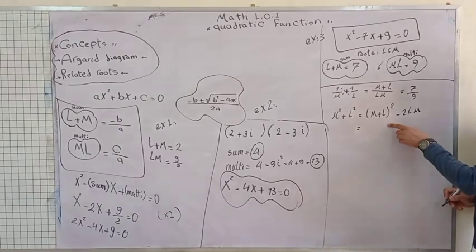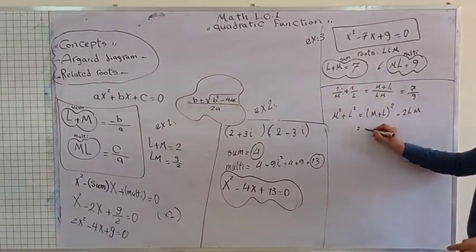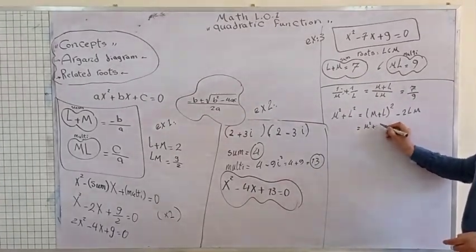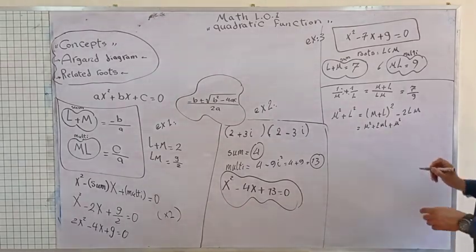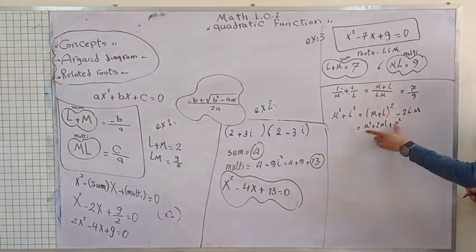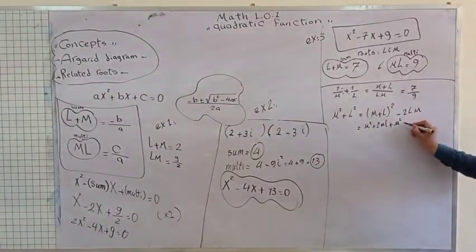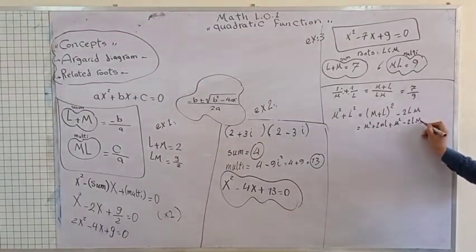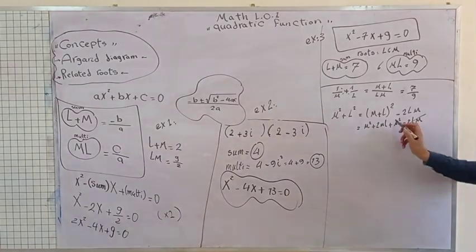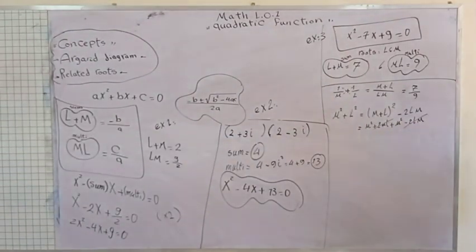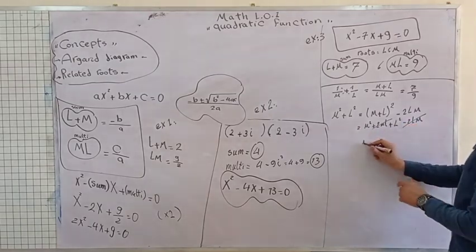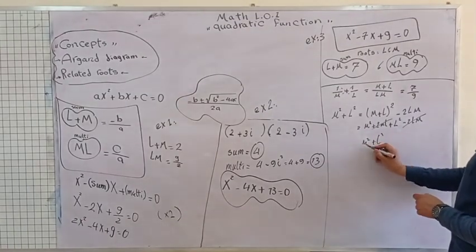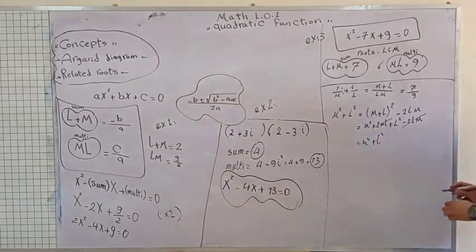If we expand this bracket, we will get M square plus 2ML plus L square. This is the expansion of the perfect square, minus 2LM. Minus 2LM will be eliminated with positive 2LM, and we will get M square plus L square, the same value.